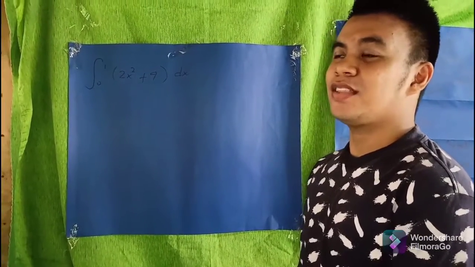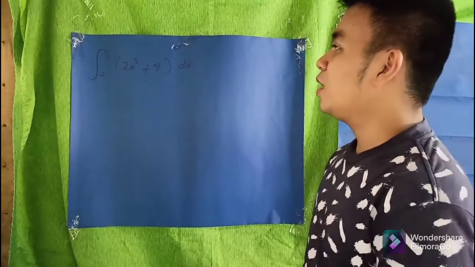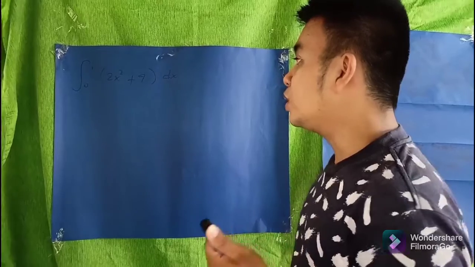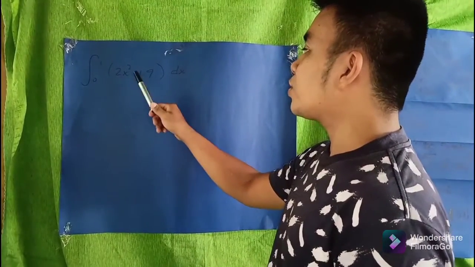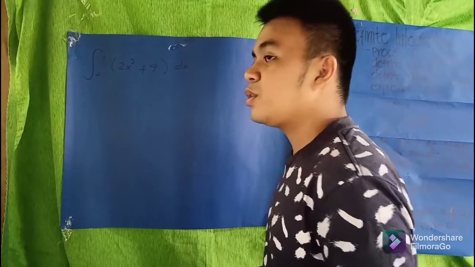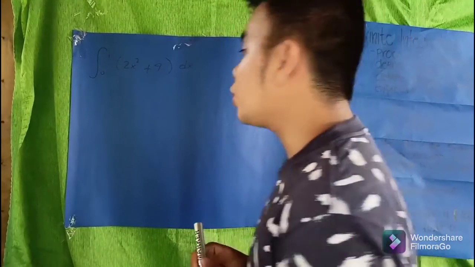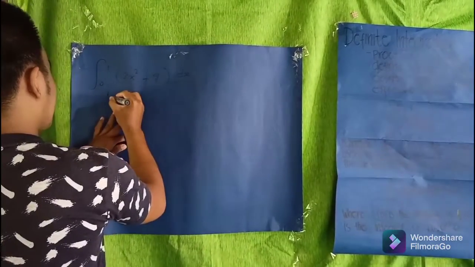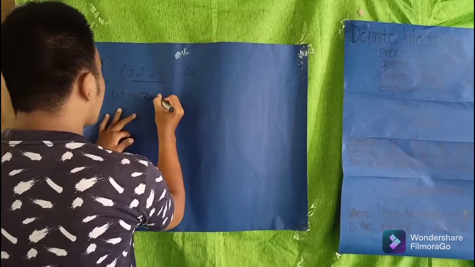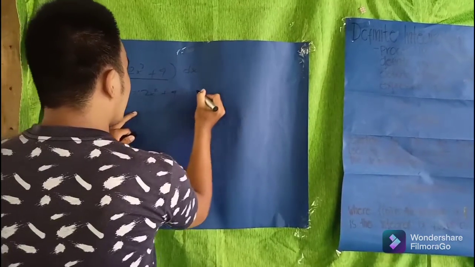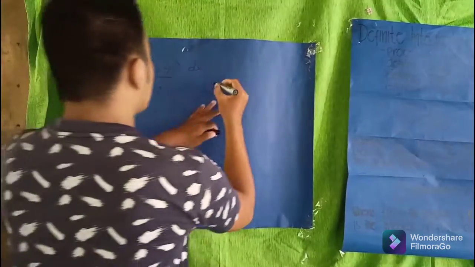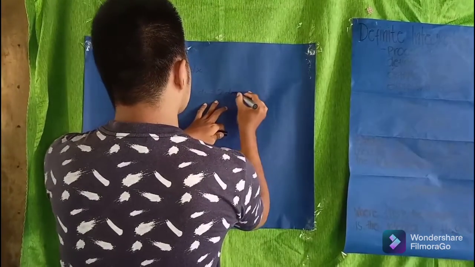So to fully understand definite integration, we have an example here and we are going to use u substitution. So the integral of 2x squared plus 4 from 0 to 1. That was our equation. When we are using u substitution, we let u is equal to 2x squared plus 4 and du is equal to 2dx.